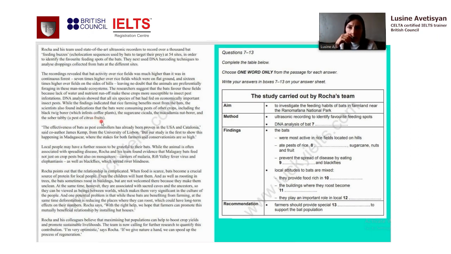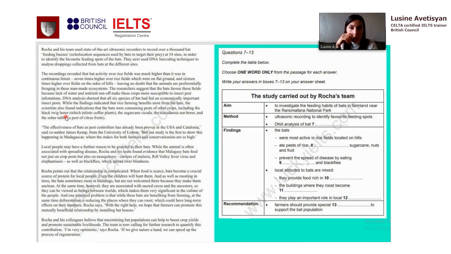So I would go for the one that was not mentioned here. Fruits are mentioned, sugar cane is mentioned, nuts are mentioned. So let's see. They were consuming pests of other crops, including the black twig borer. Should I write pests of rice, twig, black twig borer?